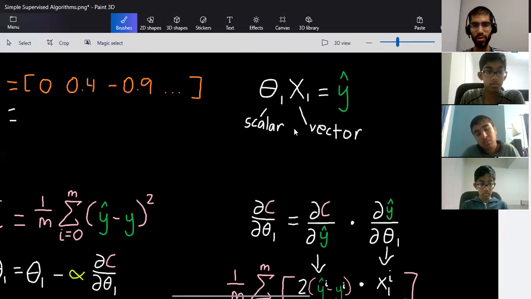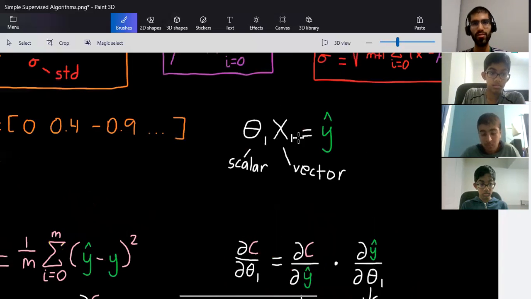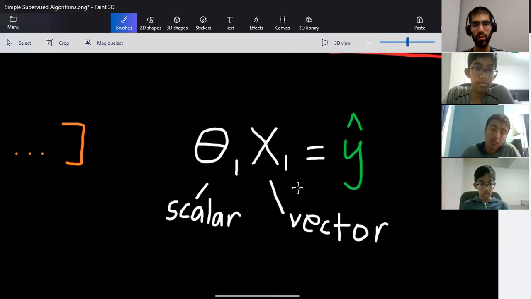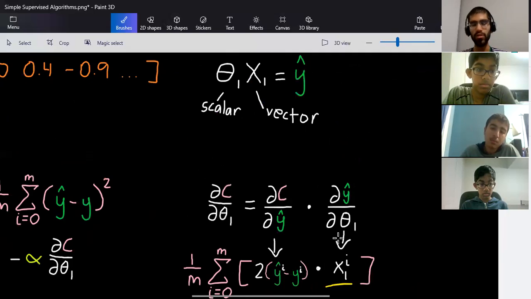Now, I did want to tell you where this xi thing is coming from, just for a second. Remember, if we have this relationship and we take a partial derivative, you can go back to that lesson, but if we're taking this partial derivative over here, this just means, take all of this and figure out what is the partial of this by partial theta 1.